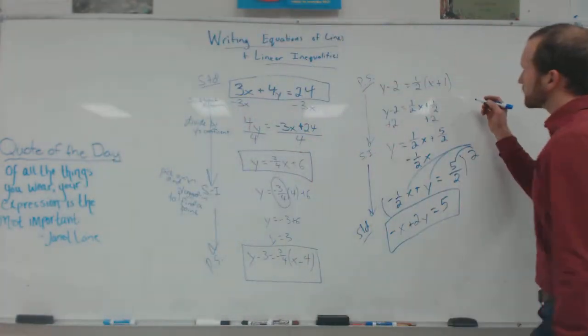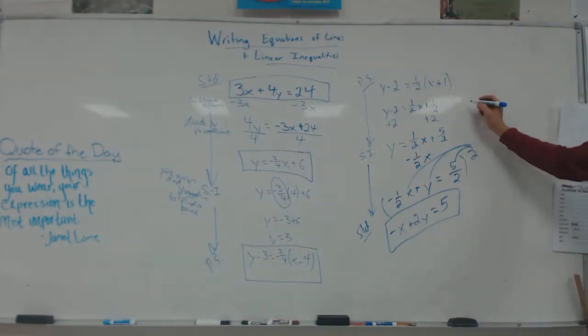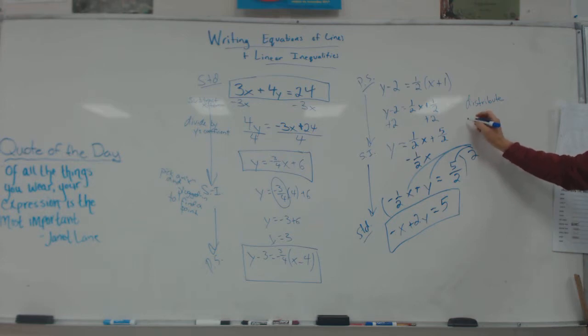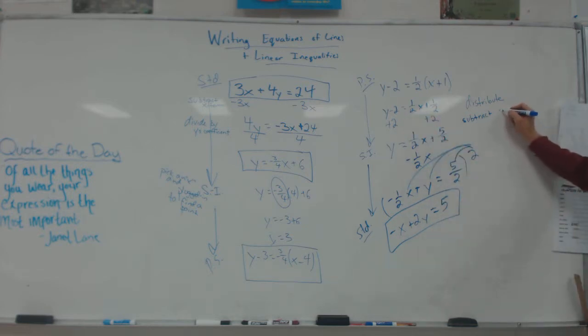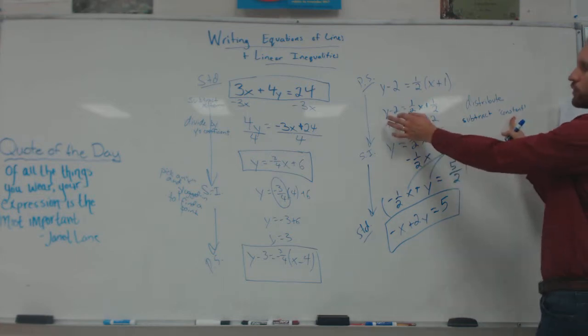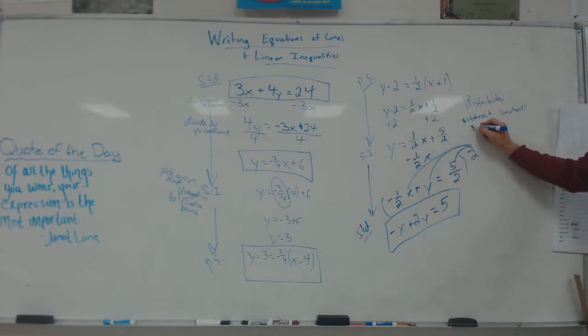Going in reverse, to get from point slope to slope intercept, we just distributed the slope, and then we subtracted, or in this case we added the constant term. You guys remember what constant means? It's like the number on the y side.